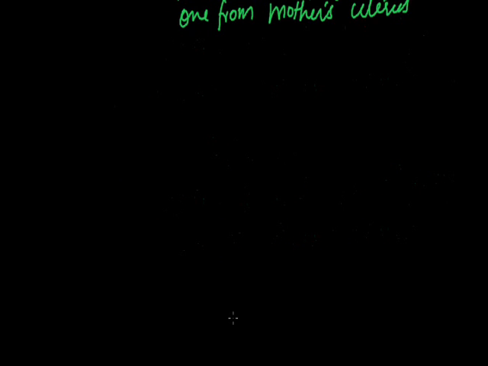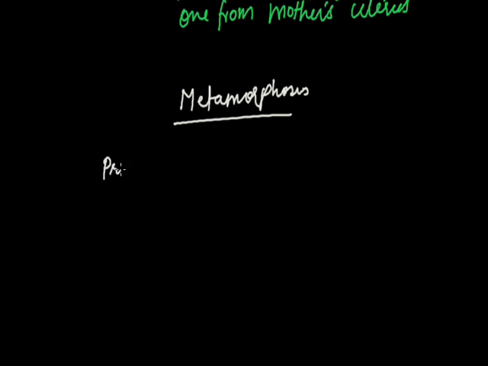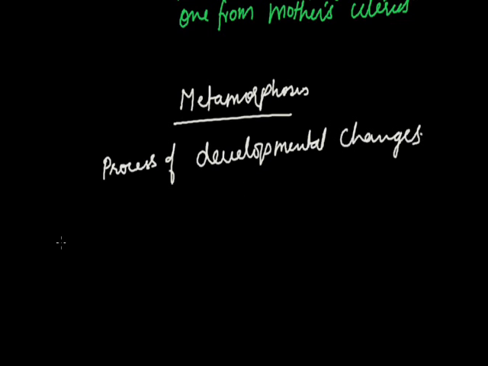Now the last thing that I want to discuss is, you might have heard about this, metamorphosis. Metamorphosis is the process of developmental changes by which a larva changes into an adult.